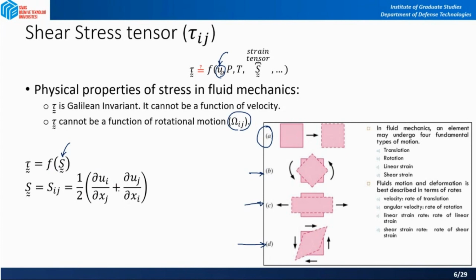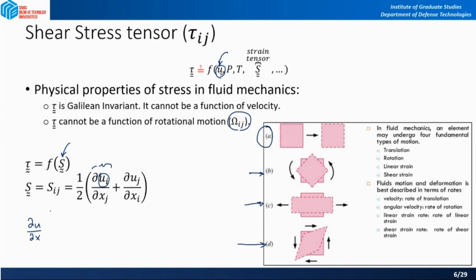This ui changes with respect to frame of reference. But what about the gradient of ui? Let's write du dx, just one component of dui dxj. I want to show you that the gradient will not change with respect to frame of reference.